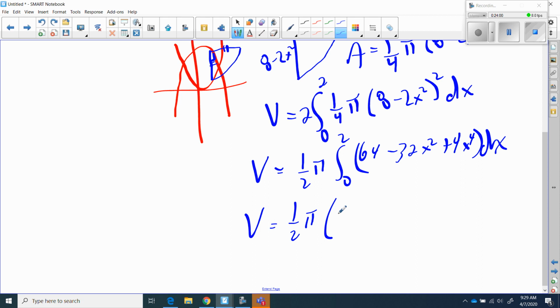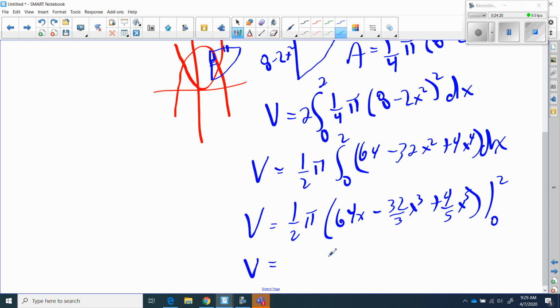Take the integral, 64x minus 32 over 3x cubed plus 4/5 x to the 5th. And then we're going to evaluate from 0 to 2. I'm not going to show all that out, but you guys could substitute 2 for x, substitute 0, subtract, multiply by pi, and you get your answer in cubic units.